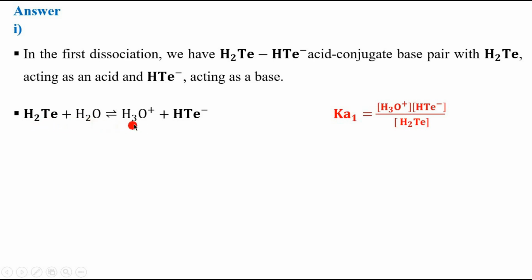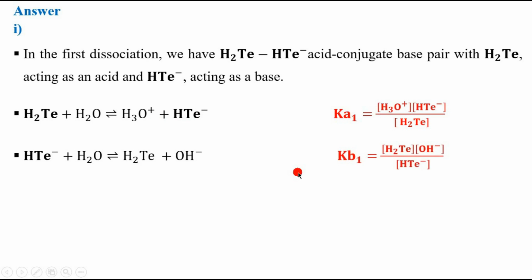So we have the Ka1 because it is acting as an acid. Then what will be Kb? With Kb, this one will react with water by attracting the hydrogen from water, giving this one and this one. Then we have the Kb1. Then this Ka1 times Kb1 should be equal to Kw.